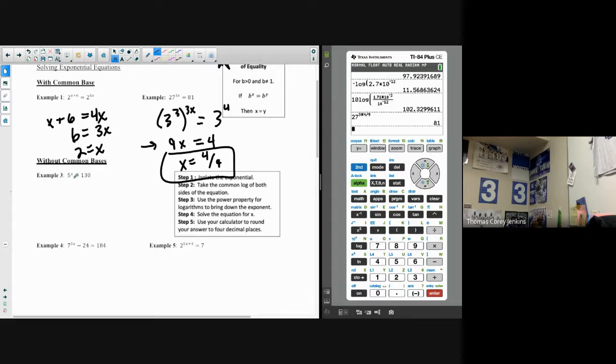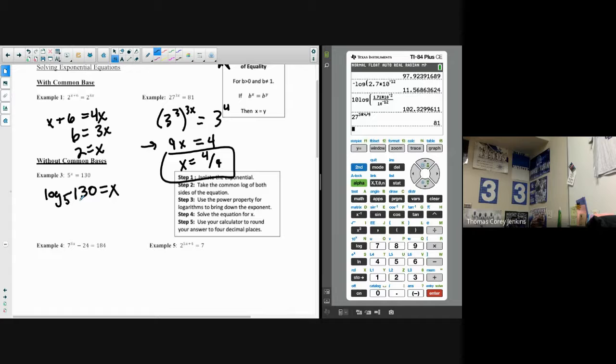Now, you can follow this step-by-step process, and that's fine. But I think the easiest and most straightforward way to think about this is to write this exponential equation as a logarithmic expression. So this would mean log base 5 of 130 equals x. Remember, the logarithm is the exponent.